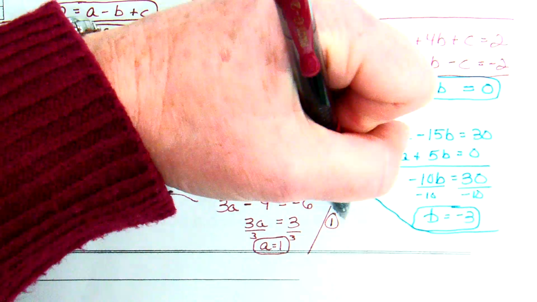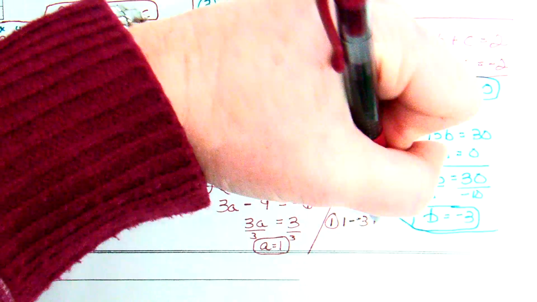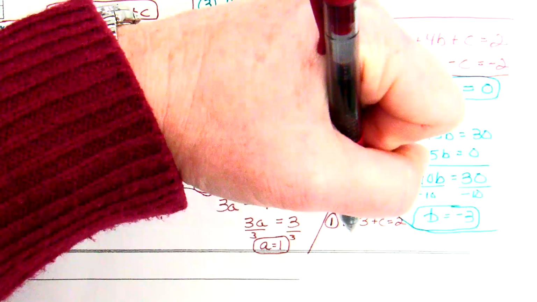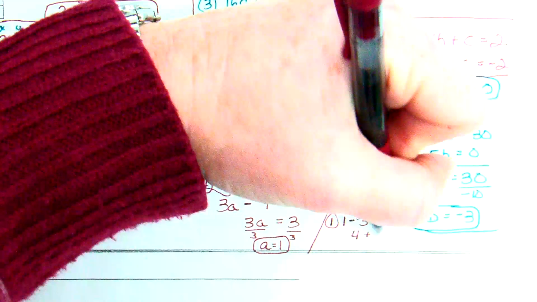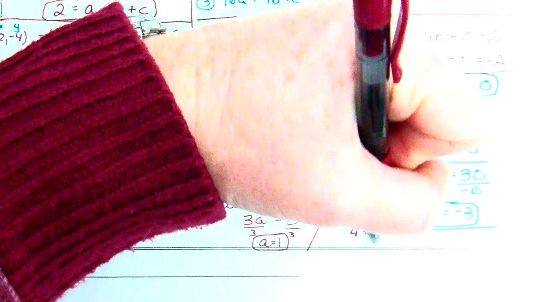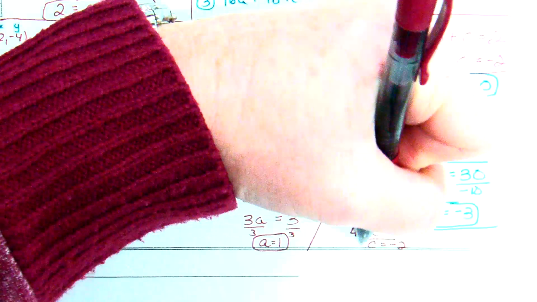Okay, A, which is 1, minus B, so minus negative 3, plus C equals 2. 1 minus negative 3, 1 plus 3, so 4 plus C equals 2. Subtract 4, and C is negative 2.